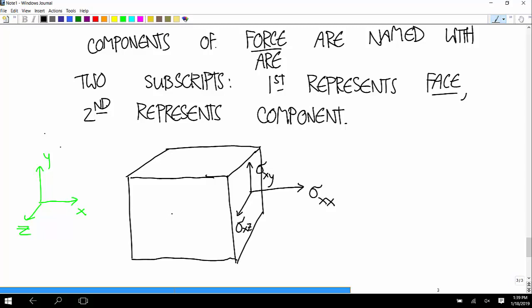And then on the positive z face, that's sigma zz, z face, z component. This is sigma zx, z face, x component.